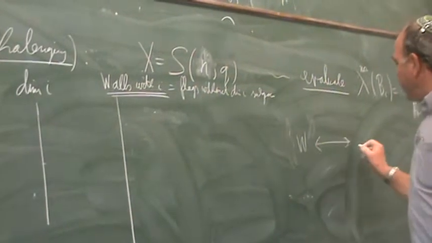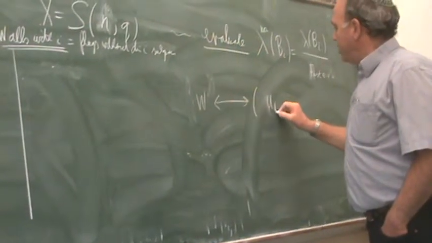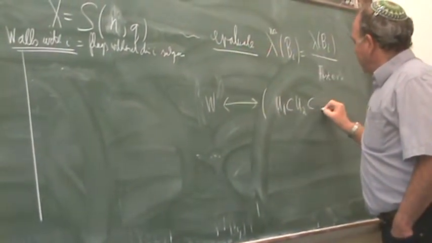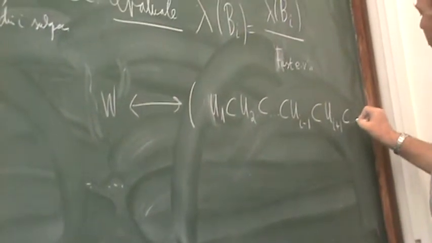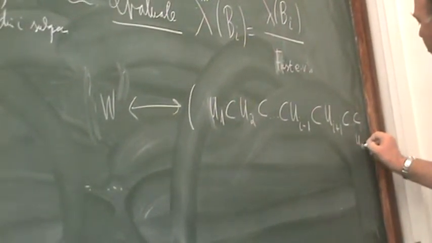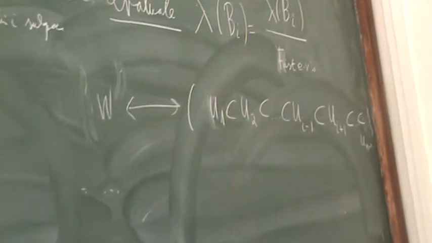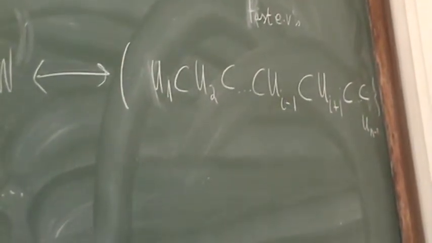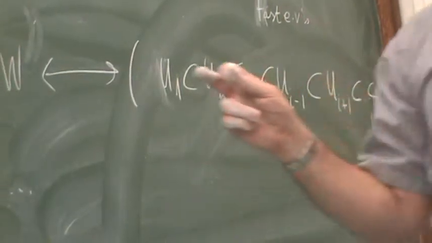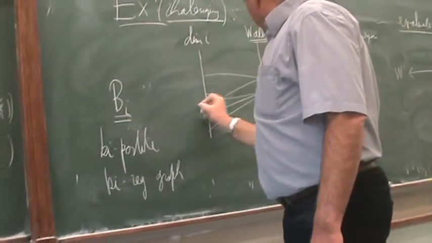On the other side we are going to have something which will be U_1 inside U_2, inside U_{i-1}, inside U_{i+1}, etc., up to inside U_{n-1}. Right? These are the flags without anything of dimension i. So it's not difficult to see what the degrees are, at least from one side. The degree from this side is clearly q plus 1.